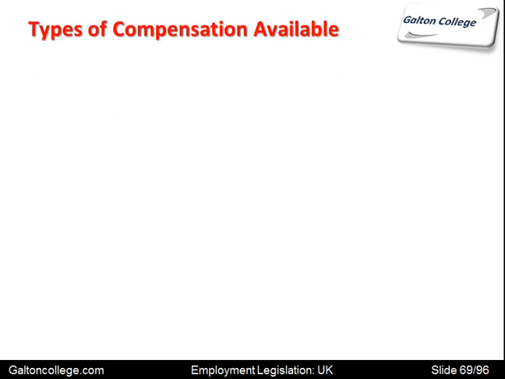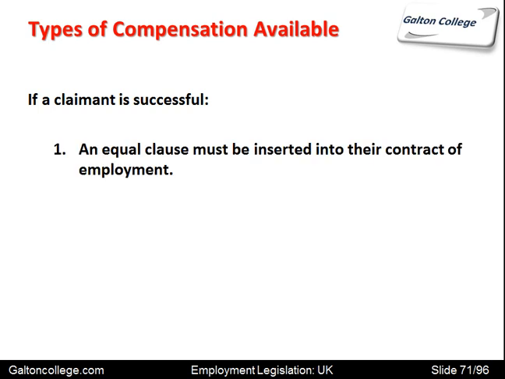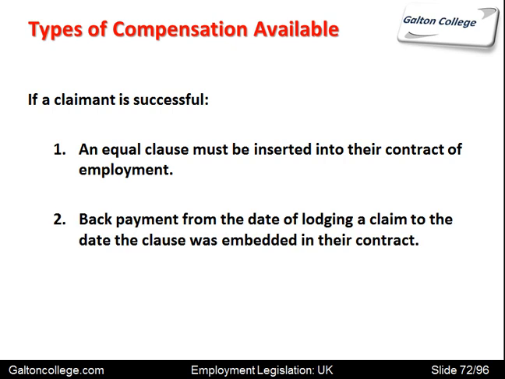Now, the types of compensation available. If a claimant is successful, an equal clause must be inserted into their contracts of employment. So the problem must be corrected, and their contract of employment must be amended so that they are treated fairly in future. So the contracts of employment must be changed.